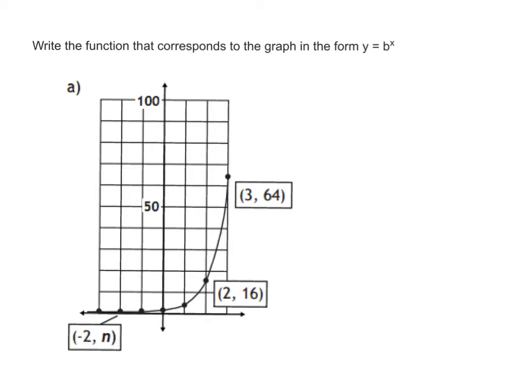So this says write the function that corresponds to the graph in the form y equals b to the power of x. So here we're trying to figure out what base number gives us this particular graph with points at 2 and 16, 3 and 64, -2 and something.